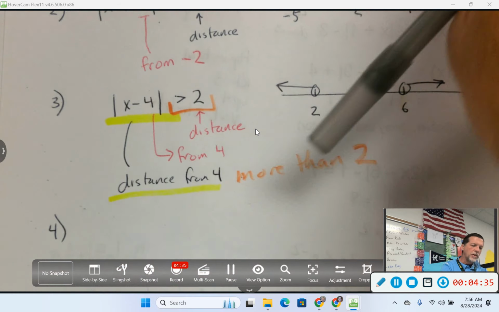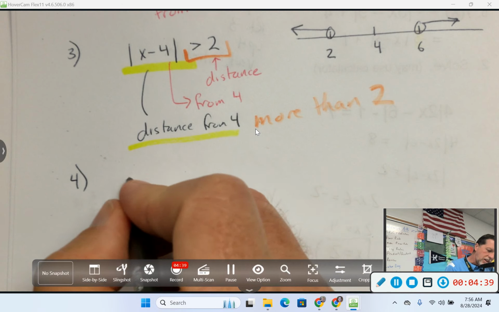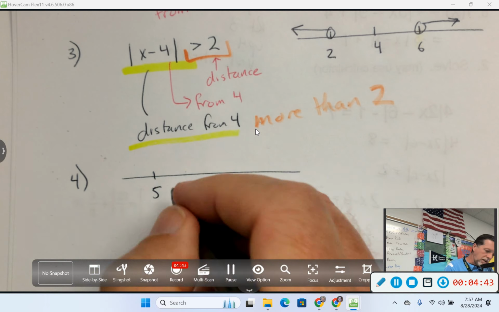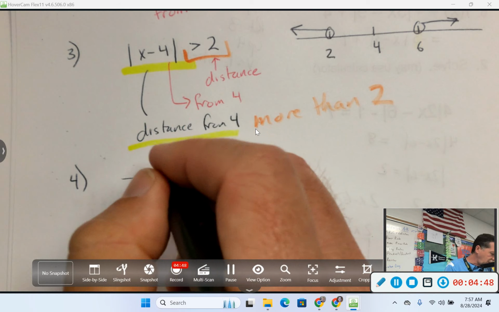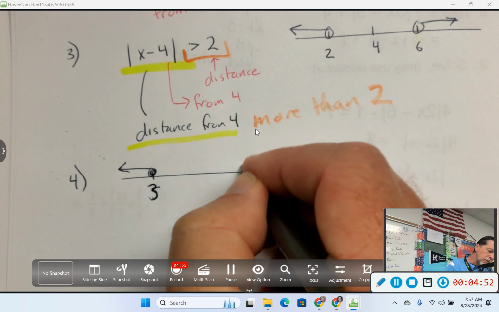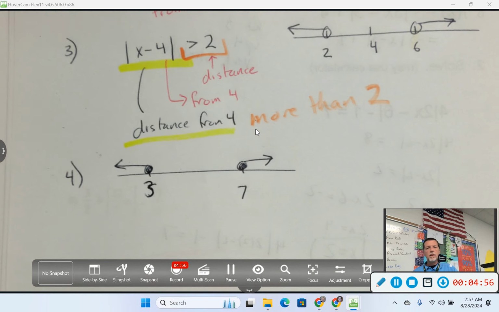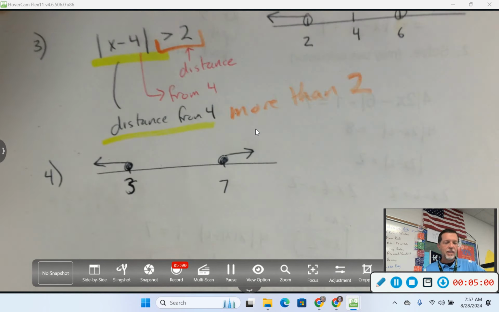Okay, now for the weird stuff. We're going to start with the answers and work backwards. So start with maybe a simple-ish one. Say 3 and 7. Let's go closed circles and arrows toward the outside. Again, it's like the Jeopardy problem, right? There's the answer.